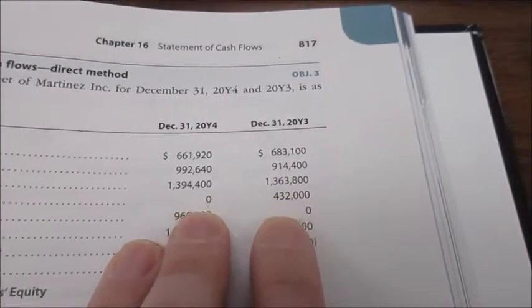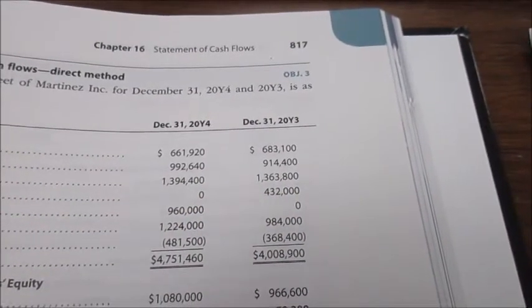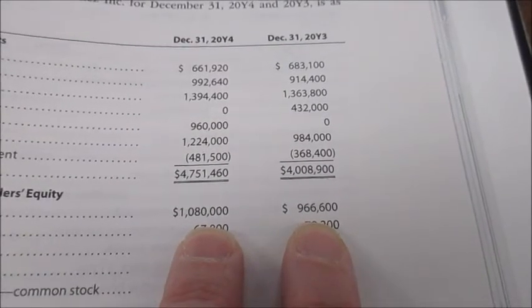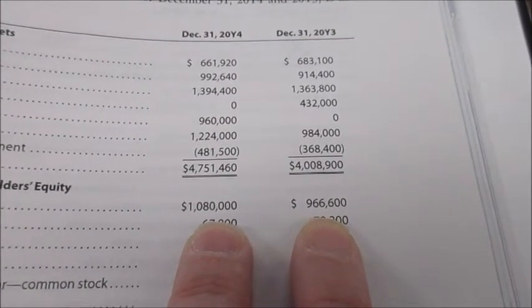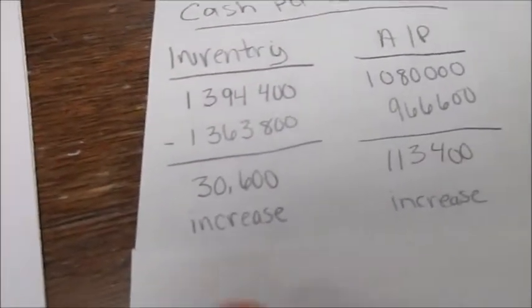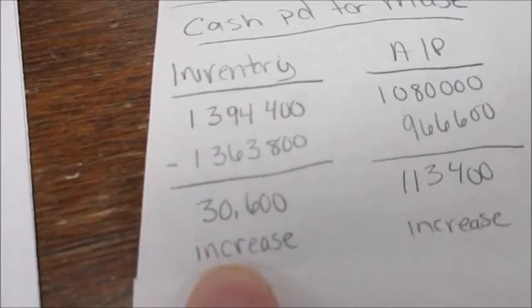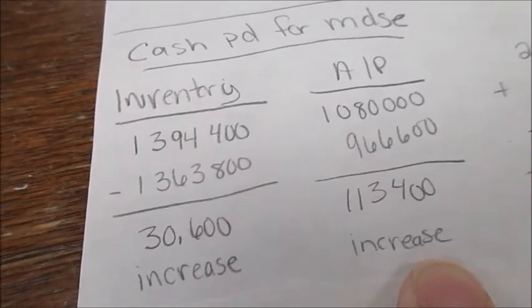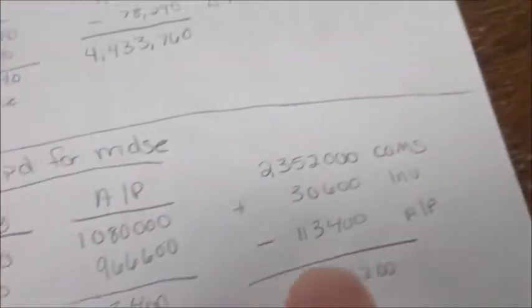And then accounts payable was also an increase between $966,600 and $1,080,000. So we are going to subtract that. So we're adding the change in inventories, subtracting the change in accounts payable. So we figure out the difference in the inventory was $30,600. Difference in accounts payable was $113,400.